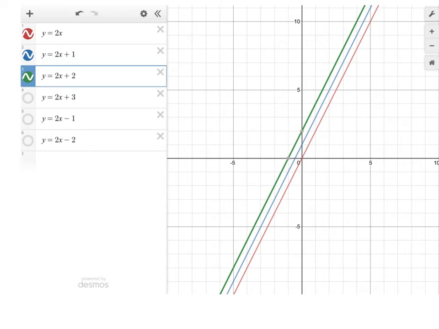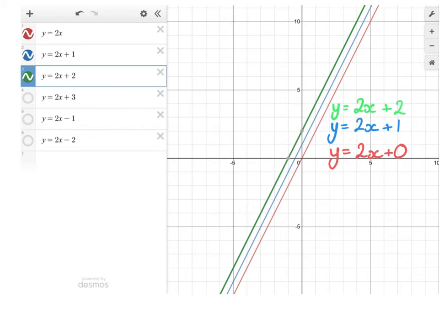Now, something I want you to see here as well, y equals 2x. The blue line is y equals 2x plus 1. Now what I want you to think about is 2x actually being 2x plus 0, just so that its equation looks similar to these ones.